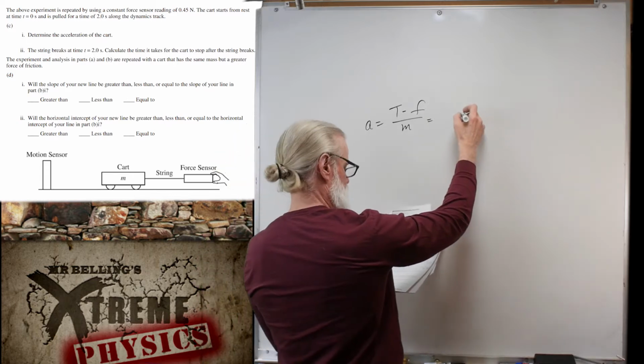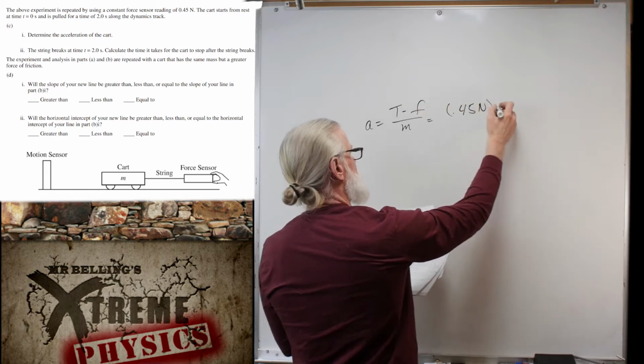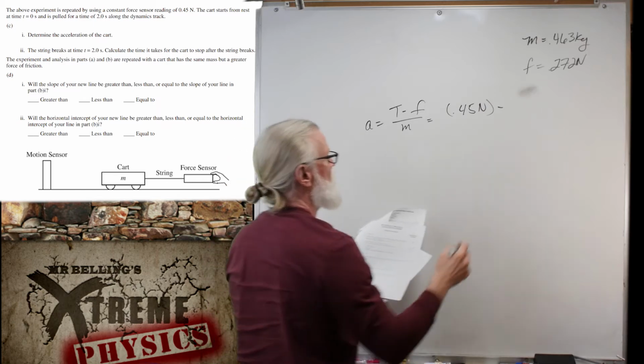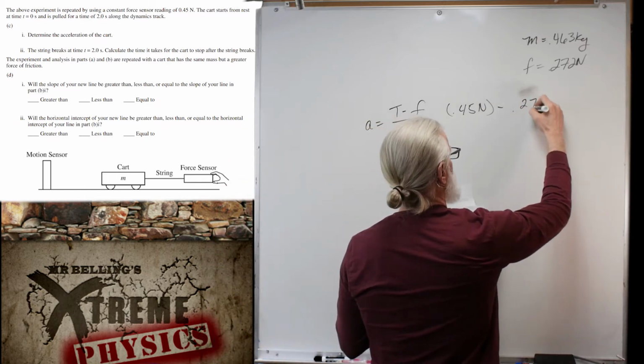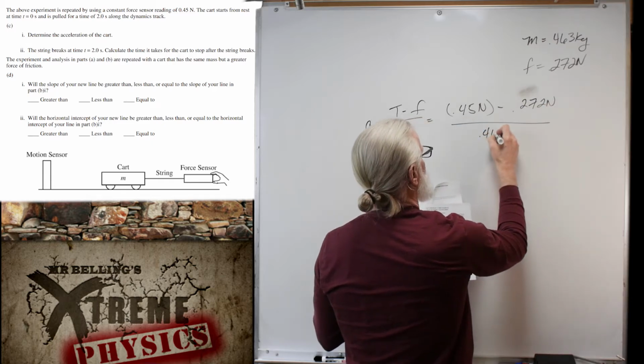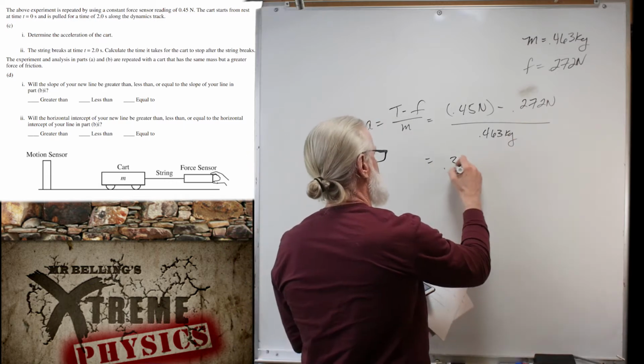So they said we're going to use a constant 0.45 newtons. That's going to be our tension. Minus friction. What did we say friction was? 0.272 newtons divided by 0.463 kilograms. 0.384 meters per second squared.